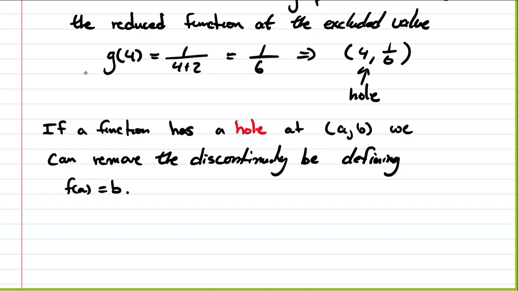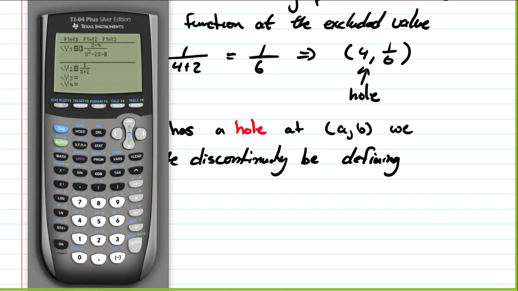So essentially what we're saying is if we had this problem like we did where we look at our table, we could make the original function continuous at x equals 4 by defining the output to be what at that point? 1/6, which was the missing value, what the two-sided limit was equal to.